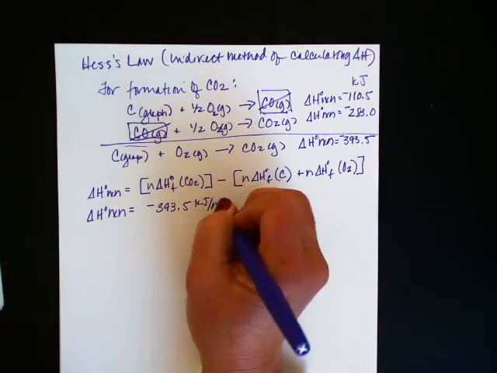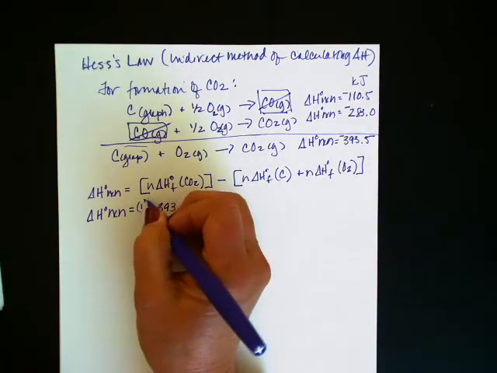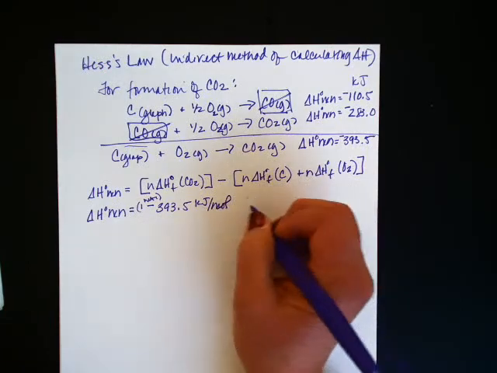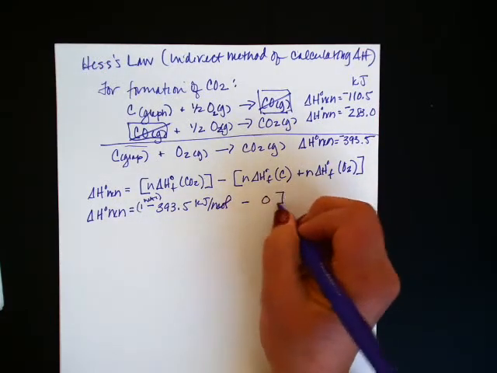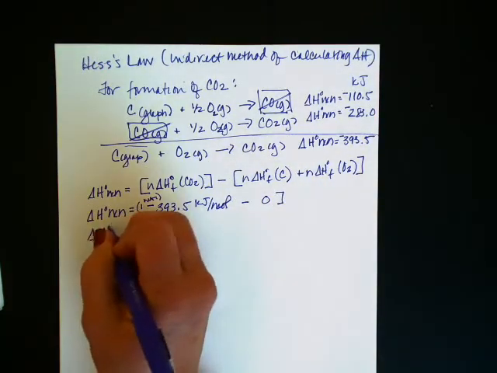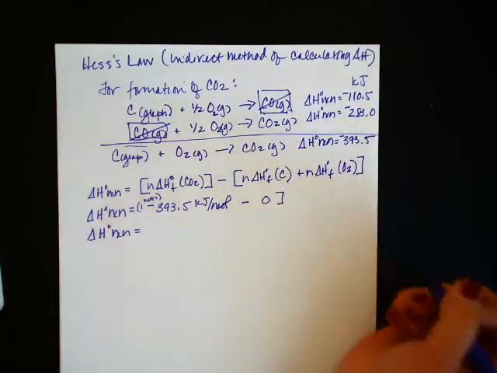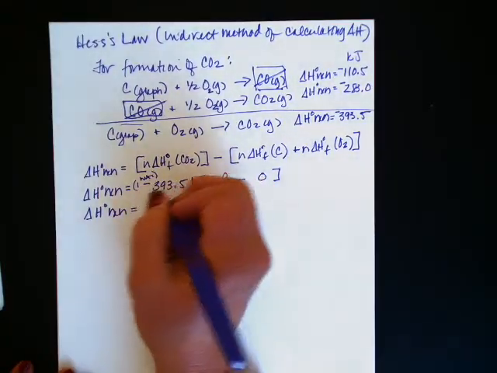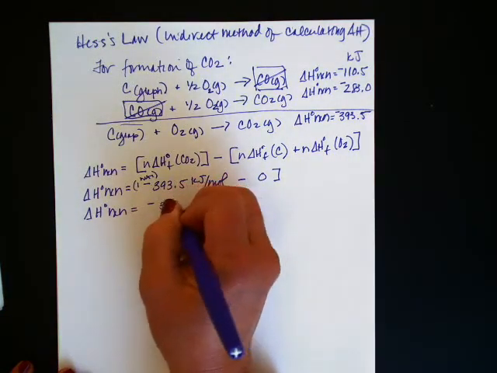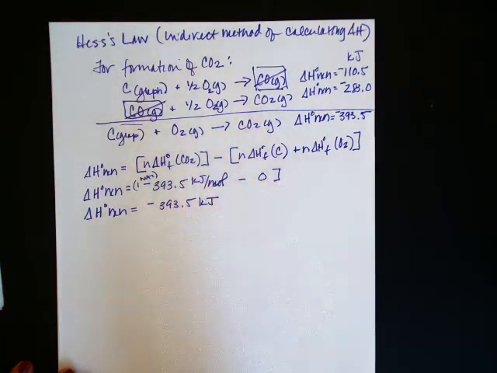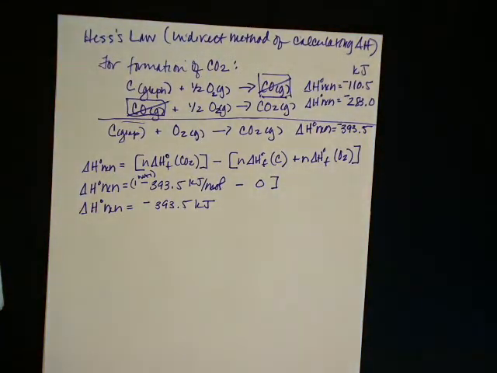And these were 0, so subtract 0. So my standard heat for this reaction is negative 393.5 kilojoules. So you should get the same answer. Doesn't matter which approach you take, but you will be required to be able to use both processes. Okay? And that's all for today.